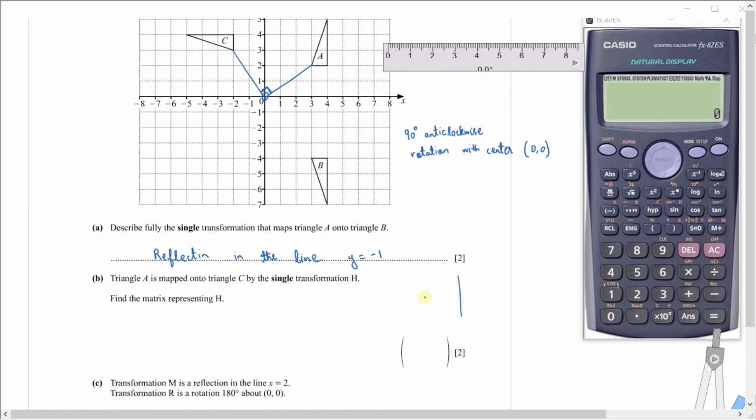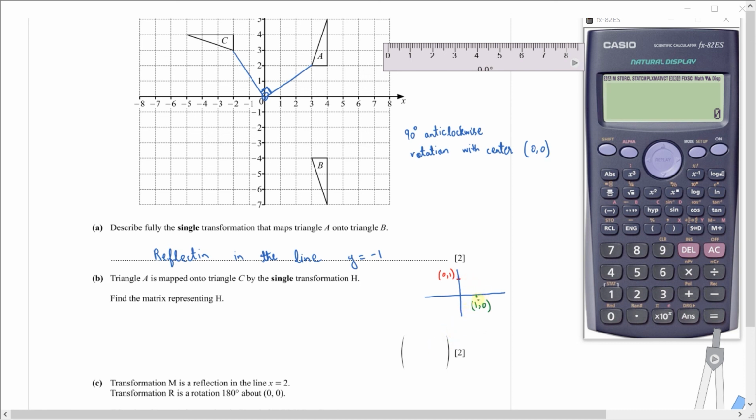So you draw the axis and you take 2 points. The first point you will take is 1, 0, and the second point that you will take is 0, 1. And then you apply the transformation to both these points, and the image will give you the matrix that represents this transformation.